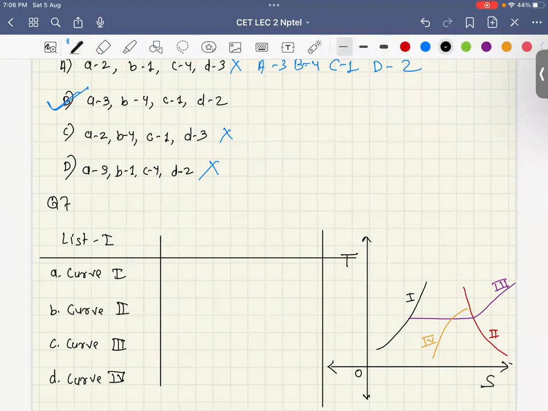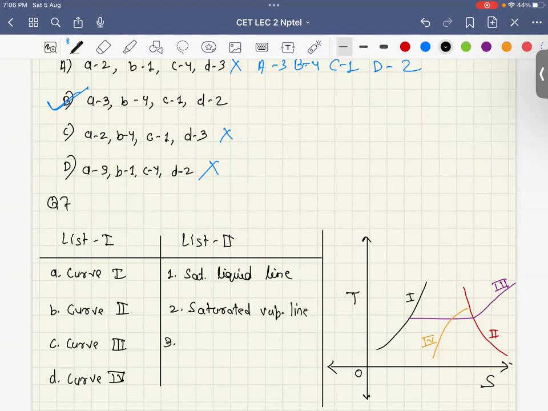Here you have list 2. Here you have saturated liquid line. This is saturated vapor line. This is constant pressure line. And this is constant volume line.